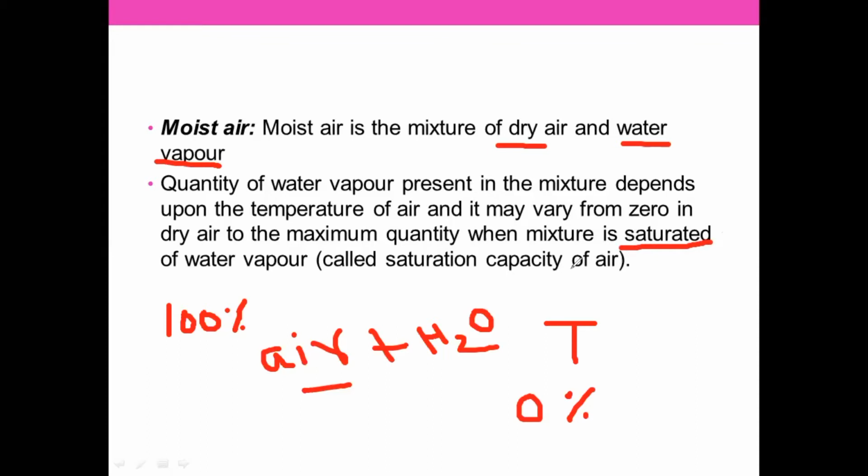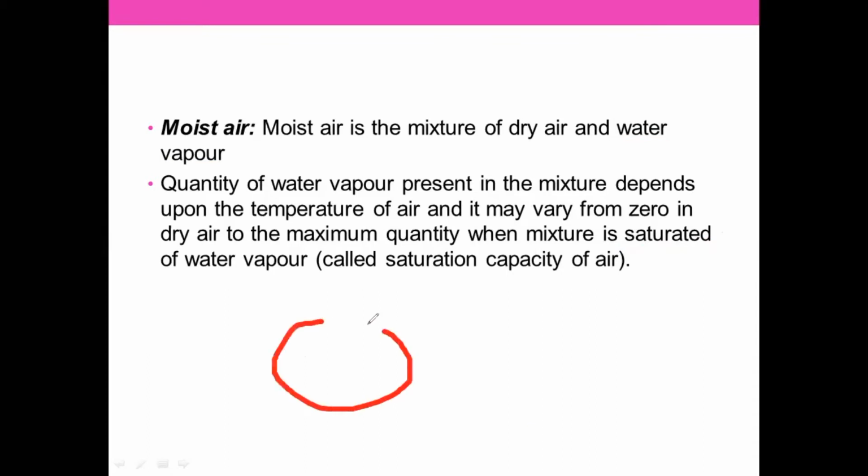For example, let us take a space. So this is the space. In this, we have dry air. Let us assume that it can hold nearly 4 particles of water vapor.